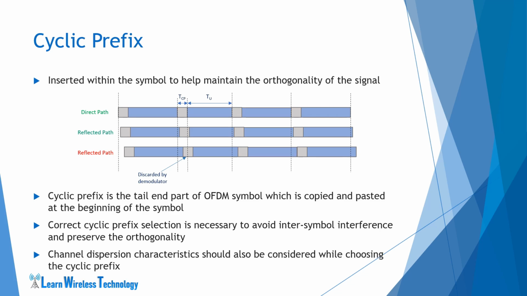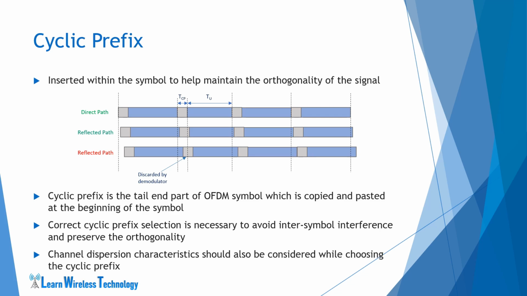Now, when a long cyclic prefix is selected, the signal has the potential to cover a large range of channel delays, but at the expense of efficiency, since a long cyclic prefix would mean a reduced number of symbols carrying data. And when a shorter cyclic prefix is selected, the efficiency is increased, but this would also increase the chances of the signal getting distorted due to multipath components.